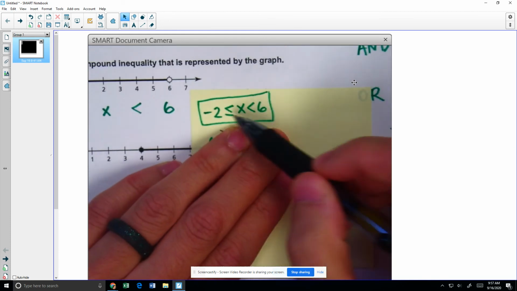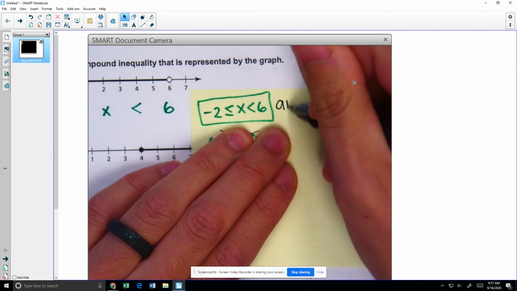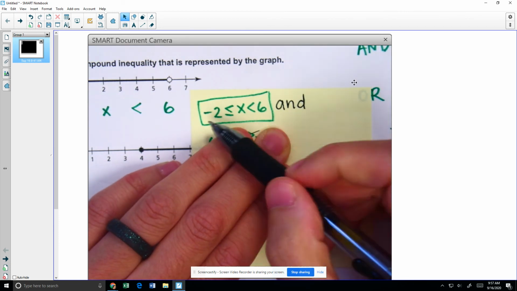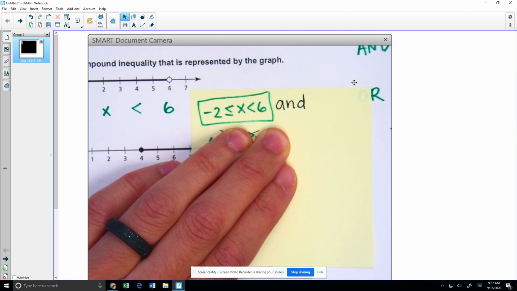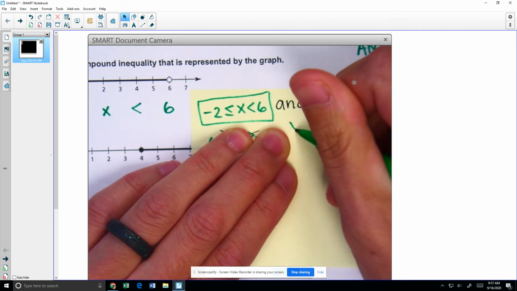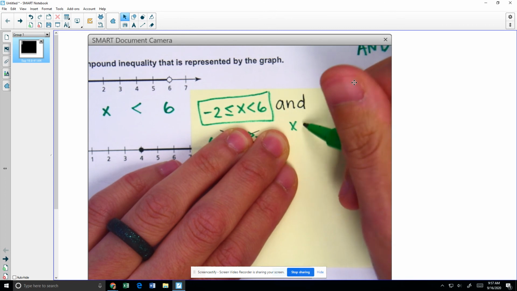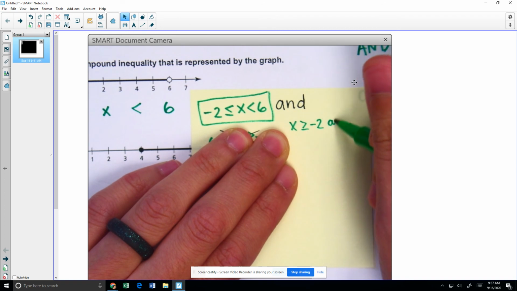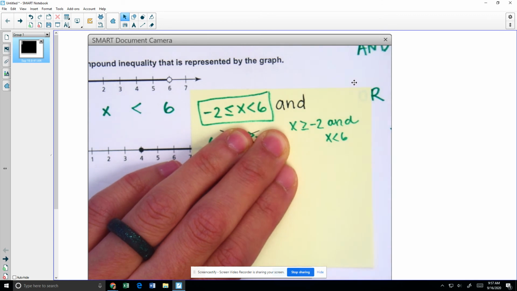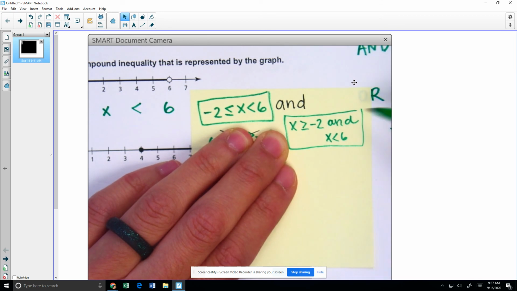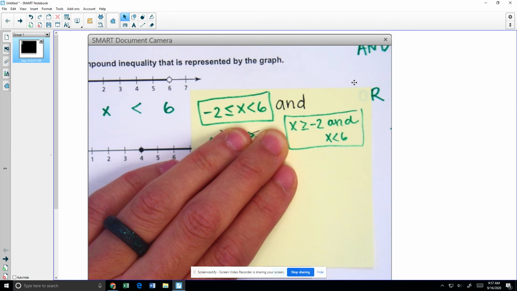Normally, you know that when you see one long sentence, it's always an and problem. Okay, so if it's one sentence, it's an and problem. Some people like to write an alternate answer. Instead of this, they like to write X is greater than or equal to -2 and then spell out the word and, X is less than 6. I guess this is okay. Honestly, you don't see it very often.